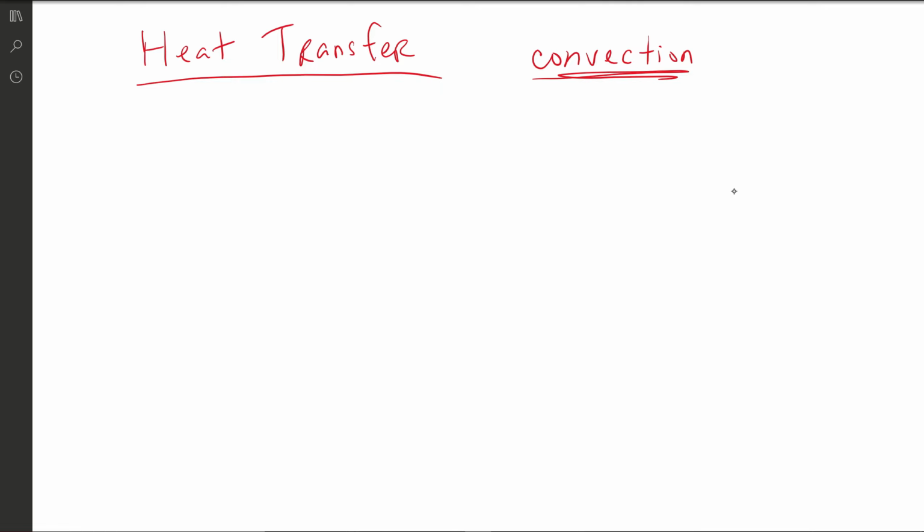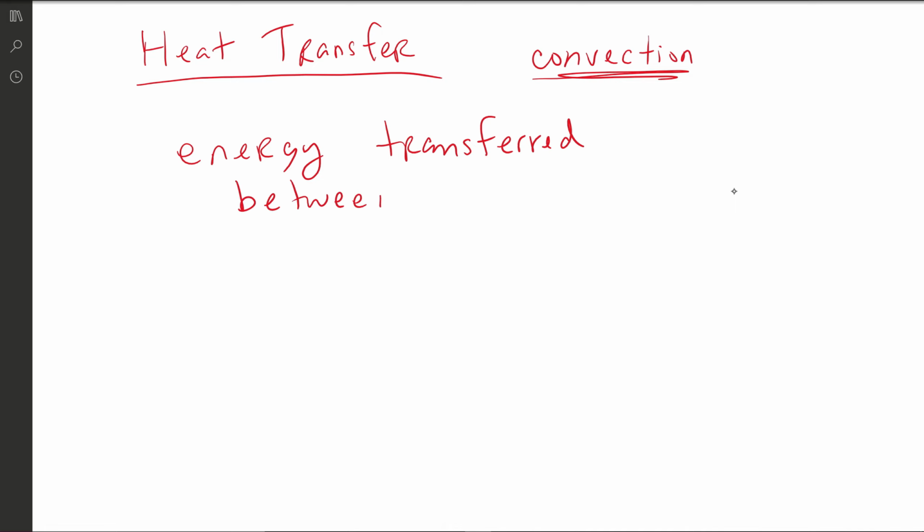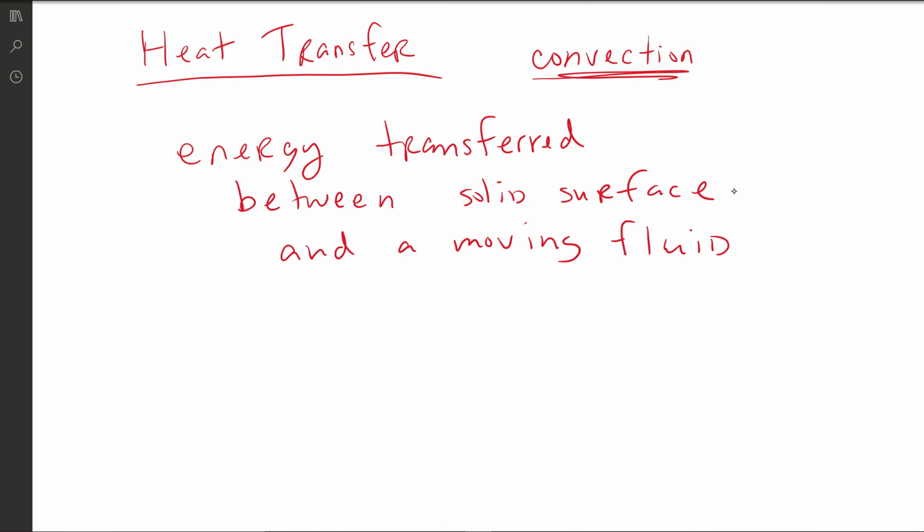Heat convection is the energy that is transferred between a solid surface and a moving fluid, and that moving fluid is in contact with the surface.